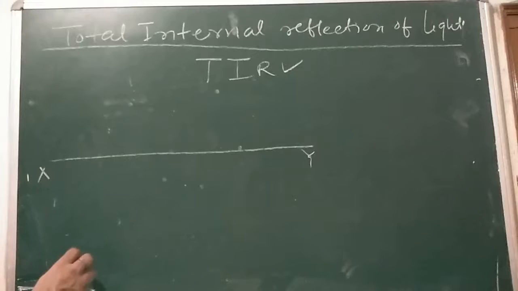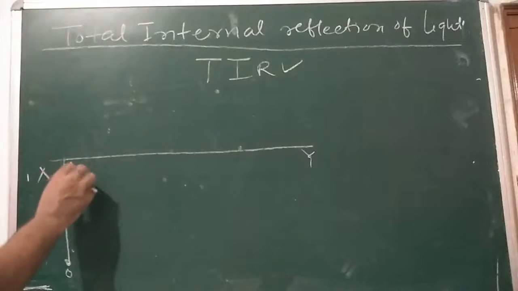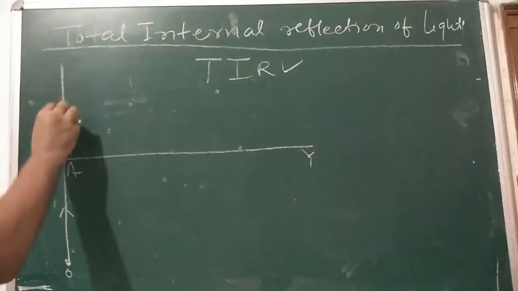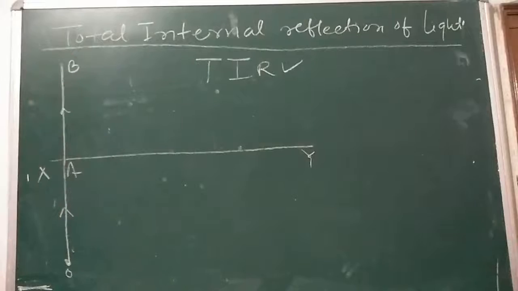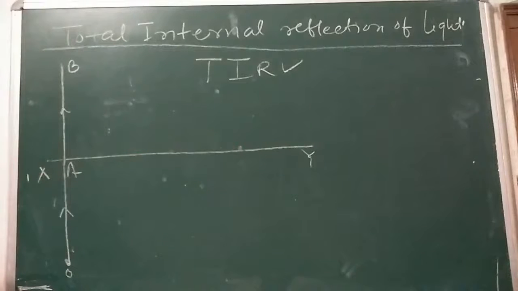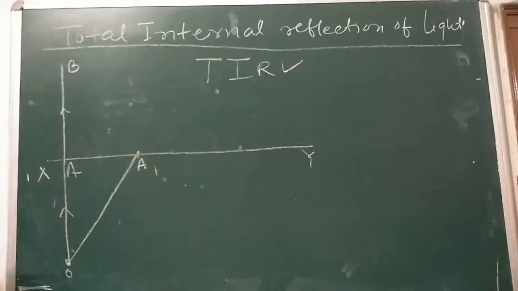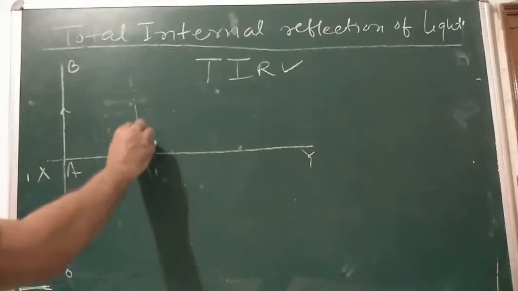A ray starting from O incident normally along OA on this interface XY passes straight AB. Another ray OA1, here A1, deviates away from the normal. Here is the normal.